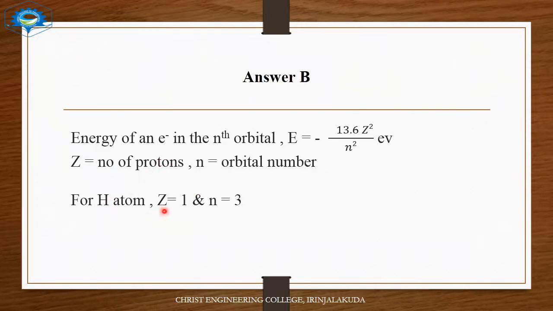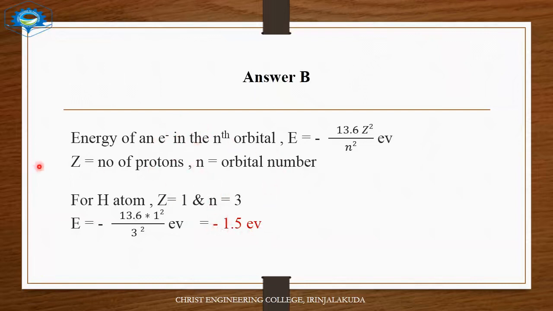So the number of protons involved in hydrogen atom, Z, is equal to 1, and also it's given that it is in the 3s orbital. So the orbital number or principal quantum number n is equal to 3. Then substitute the values of Z and n in the main equation. We have E is equal to minus 13.6 into 1 square divided by 3 square, and we will get the answer, that is minus 1.5 electron volt.